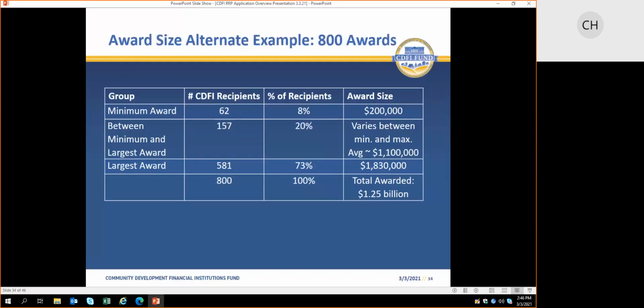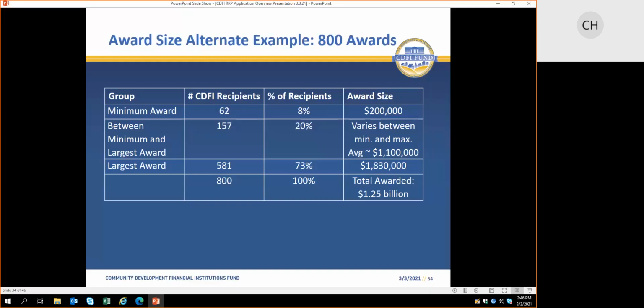As we mentioned, the sizes are really going to depend on how many groups apply and therefore how many awards are made. This is an alternate example showing 800 awards with a smaller number of CDFIs in each group. Essentially what happens is that the largest award size increases.